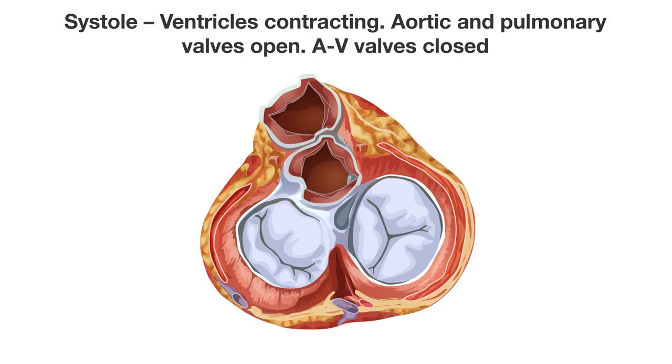This view shows the position of the valves in systole when the ventricles are contracting. The aortic and pulmonary valves are open to allow blood to flow to the pulmonary and systemic circulations, and the atrioventricular valves are closed. Closure of these valves produces what is called the S1 heart sound.